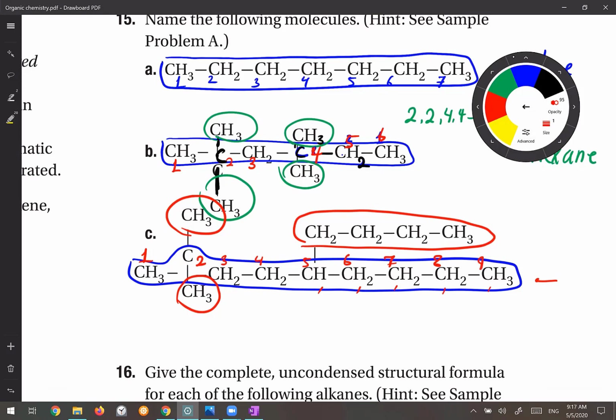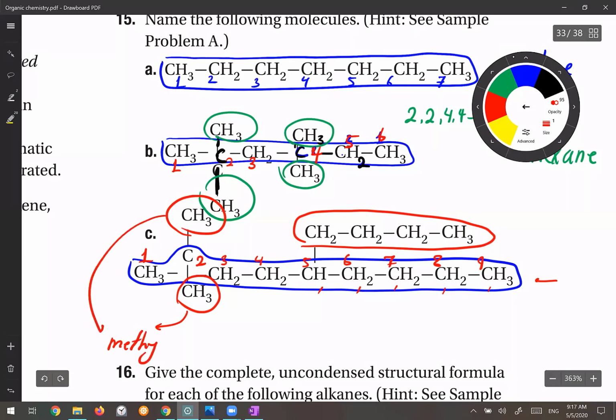So here in this molecule, I have two types of branch. The first one is methyl. I have two methyls here: one is here, another methyl is here. But what is the name of this branch? You can see this branch has 4 carbons.